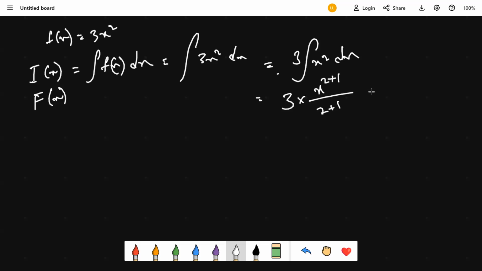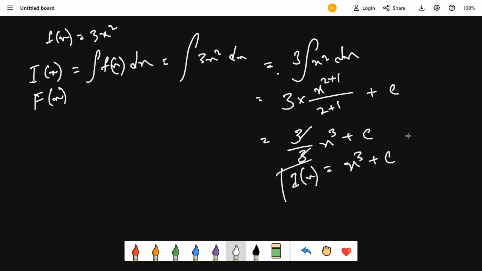Okay. And remember, our constant is added at the end. So finally, we have 3 over 3 x cubed plus c, as this 3 gets cancelled out, and we have our final result of I of x is equal to x cubed plus c. Okay, this is our integrated value, or the indefinite integration of the function 3x squared.